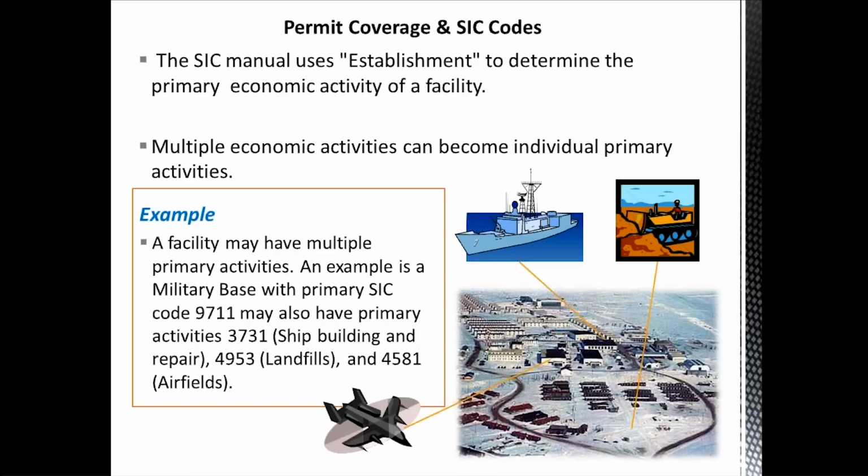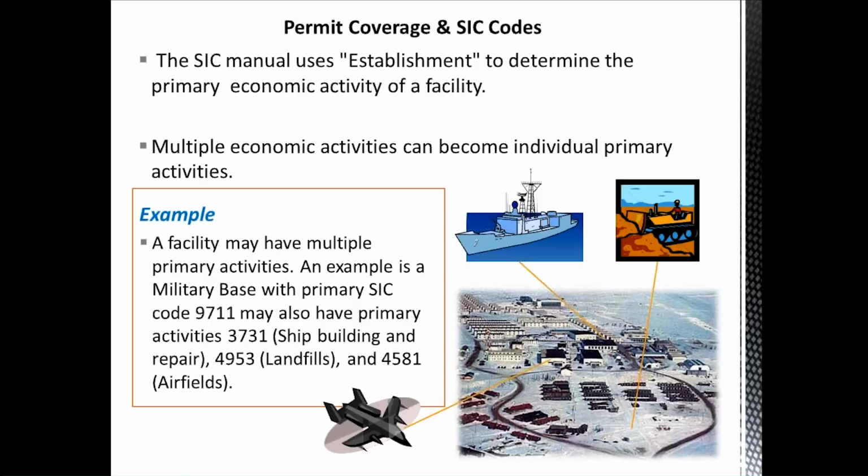Their activities that are strictly military, where they store equipment for some of their operations and things like that, that has nothing to do with an industrial code, that would all be under 9711. So they're out. Well, those parts of the facility, and that's what this slide gets into.